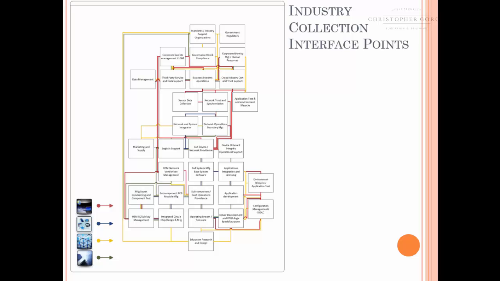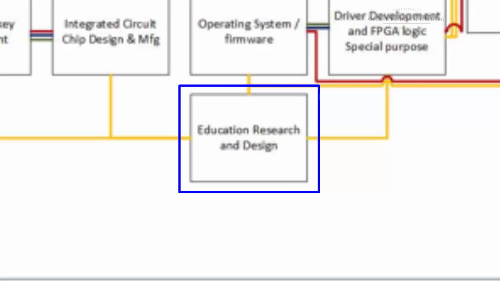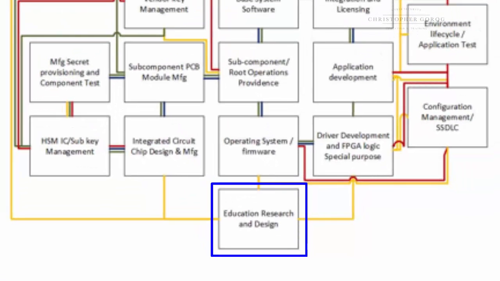So if we look at the industry and the ecosystem surrounding critical infrastructure, you see this chart I've put together. Starts at the bottom, we see education, research, and design type activities.